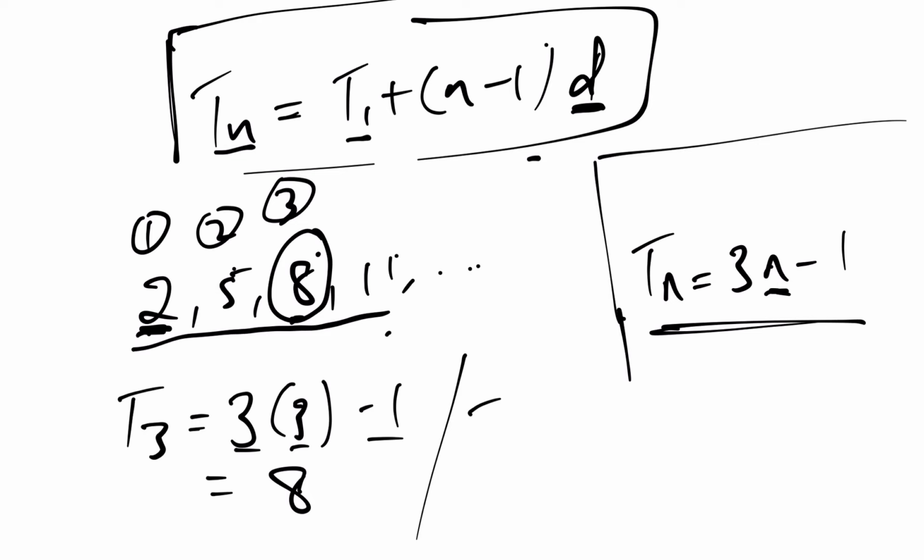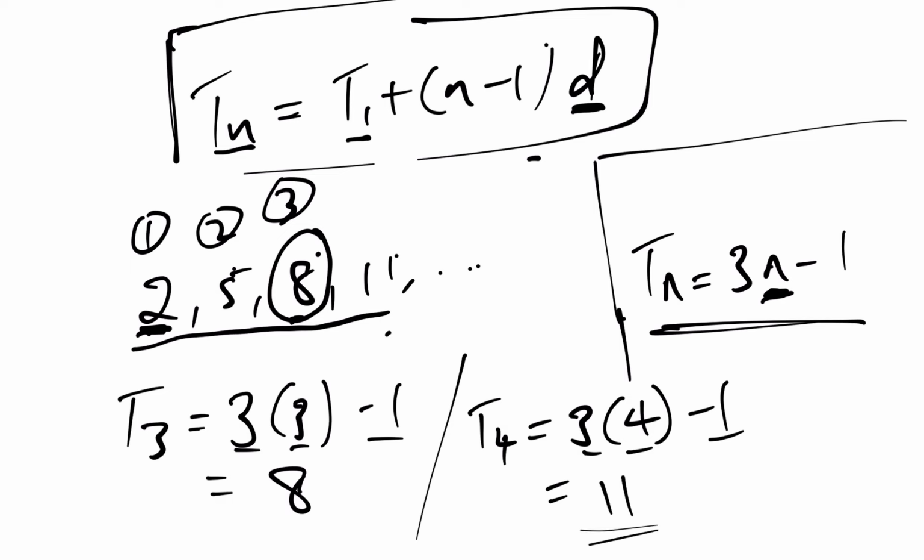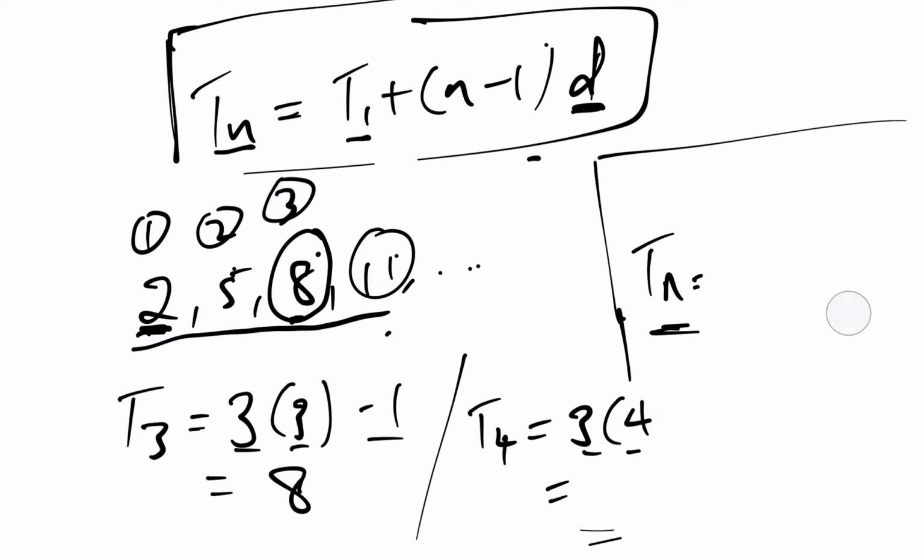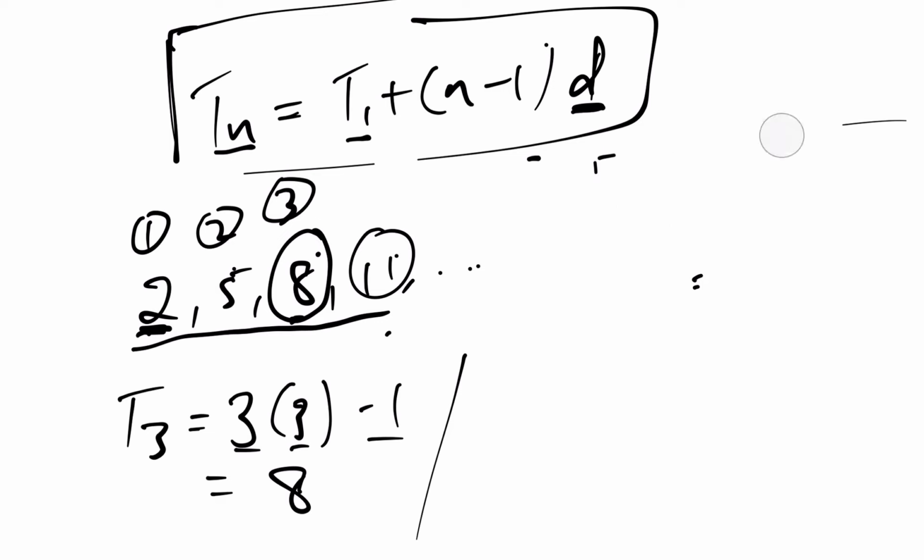Even for term number 4, T4 is equal to 3, where there's n, I plug the 4, then minus 1. 3 times 4, that's 12, minus 1, that's 11. So term number 4 is 11. That's how we use our formula to find the general formula for any arithmetic sequence.